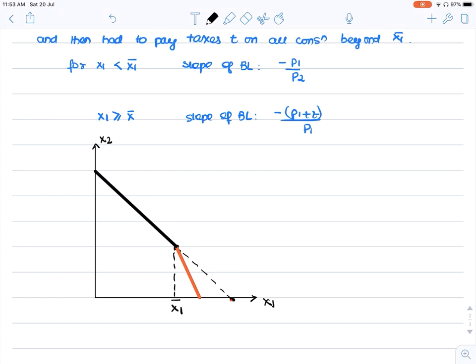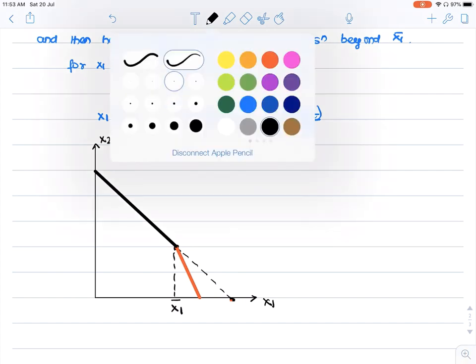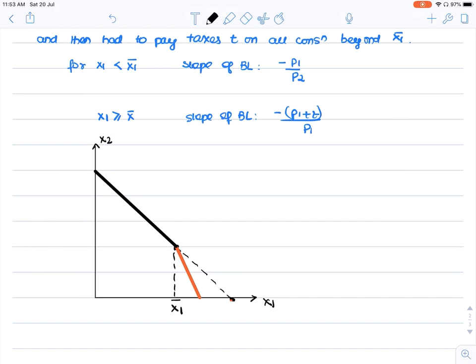The earlier budget line, this thick, bold, black budget line, has a slope of P1 by P2. And this red budget line, which is even steeper than the thick black budget line, has a slope of P1 plus T upon P2.